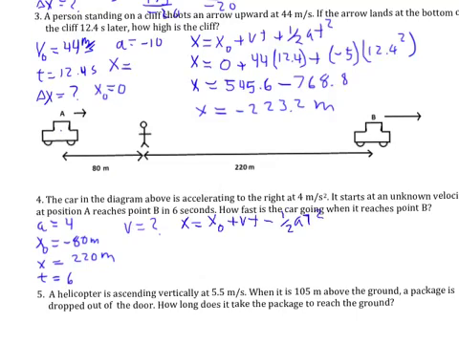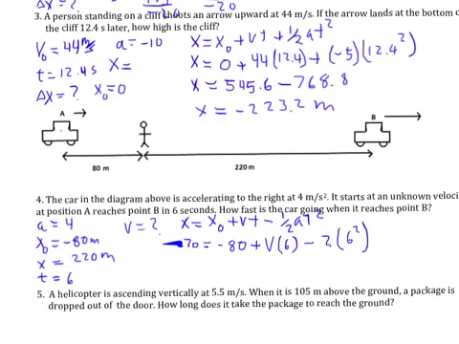Substituting, my x is 220 meters. My x naught is minus 80 plus the final velocity, which I don't know, times the time, 6, minus half of a, well a is 4, so half of 4 is 2, times the time, 6 squared.